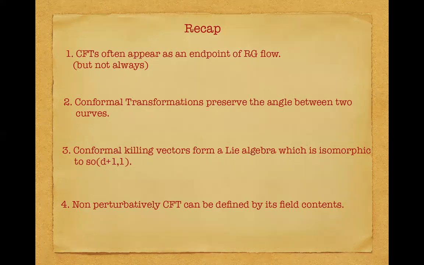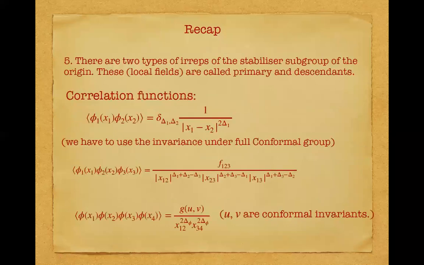We also saw that there are conformal Killing vectors which form a closed Lie algebra, isomorphic to SO(d+1,1). We saw that there are two irreps of the stabilizer subgroup of the origin, called primaries and descendants.